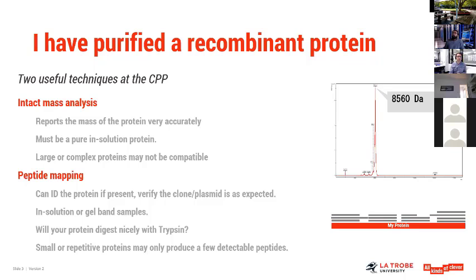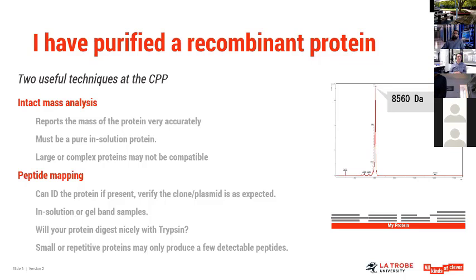Some restrictions: some proteins may not be compatible with the technique, so it's not always guaranteed to work for everything. And again, you'd have to have that pure protein. If it's a mixture, intact mass analysis is not going to be so great because they may interfere with each other.